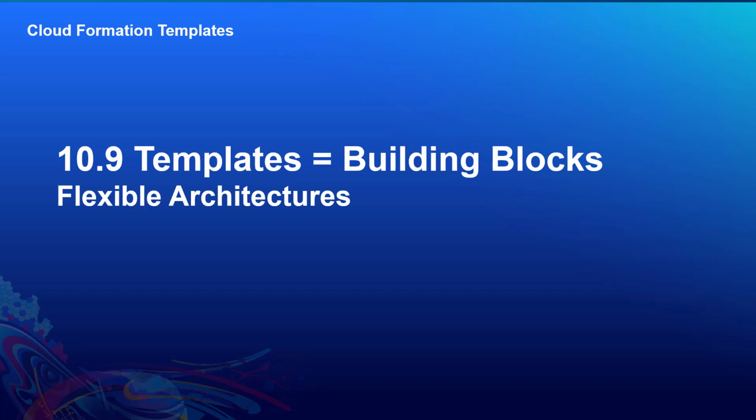And when you ran that single template, you got a full architecture. The problem is there's so many permutations and combinations that are possible that if we continue that pattern, we would have hundreds of templates. It'd be really hard to determine which was the right template for you.